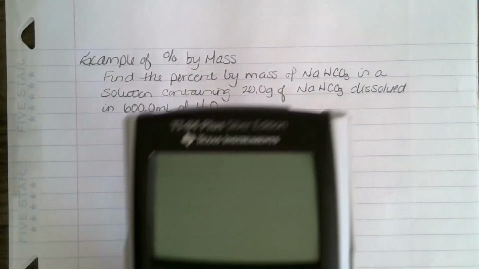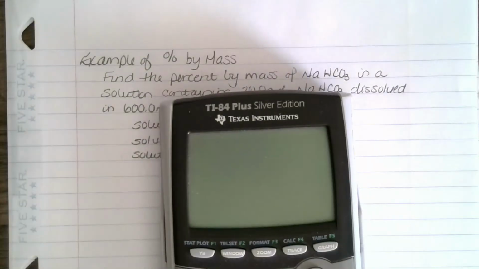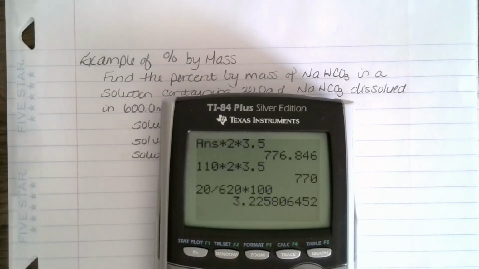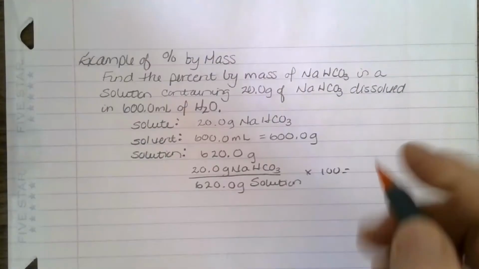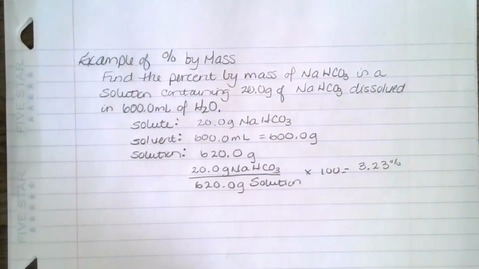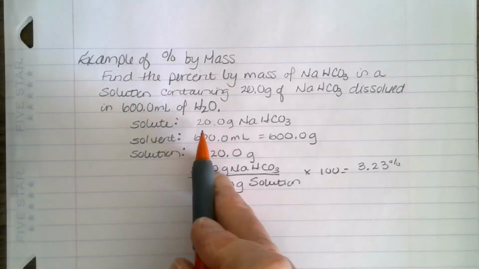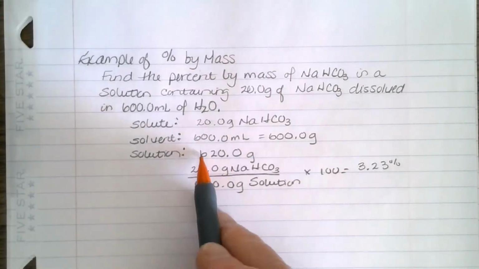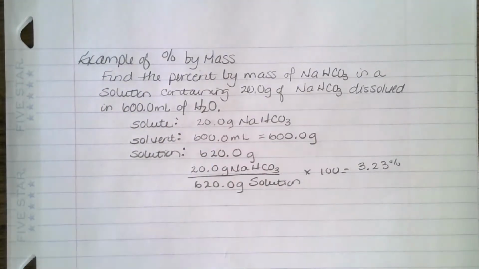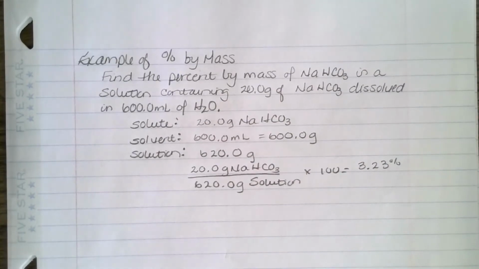I take my calculator, I turn it on, 20 divided by 620 times 100, 3.23%. Recap, solute, what I added in, solvent, my water, added together, and I got my solution. That's not so bad, is it?